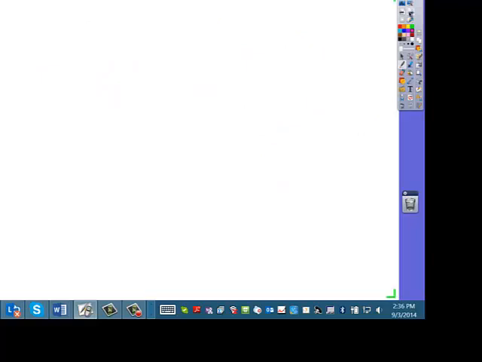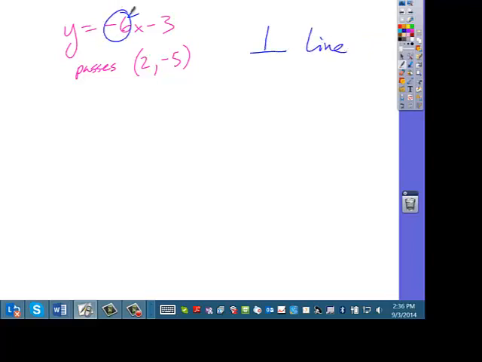Next question, write the equation for the line that is perpendicular to this one, perpendicular to this line, and passing through this point. Okay, so perpendicular line, that means the slope, and here the slope is -6.